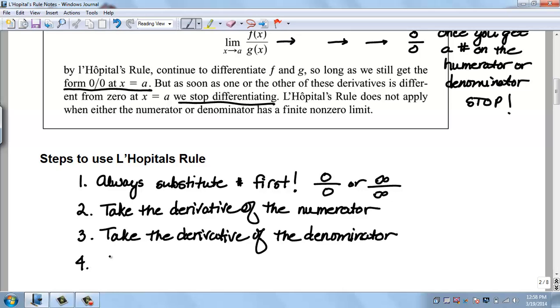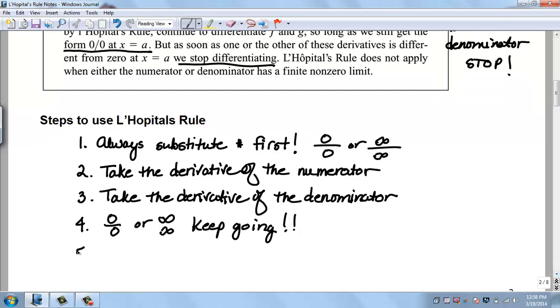If you still continue to get 0 over 0 or infinity over infinity, keep going. And what I mean by that is you're going to keep taking the derivative of the top and the derivative of the bottom until you actually come up with a number.